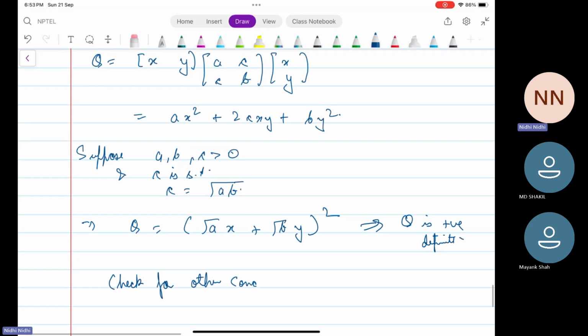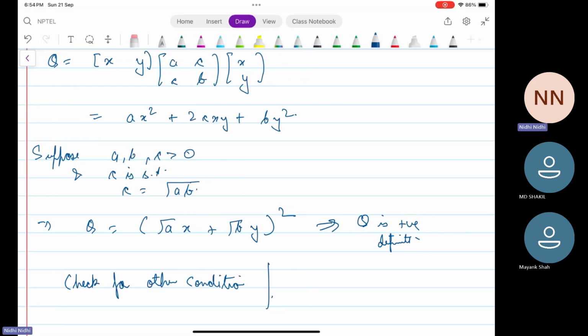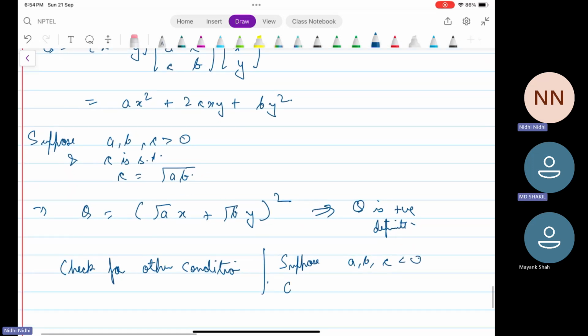So suppose these A, B, and C are negative. We can go for the next case. In that case, I can take the minus sign outside. So inside it will be positive: mod A X square.